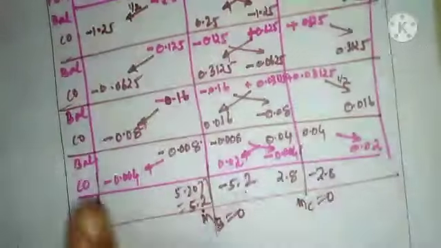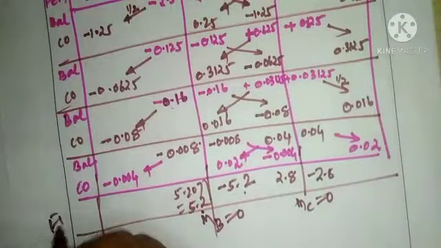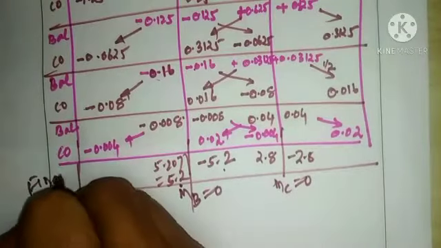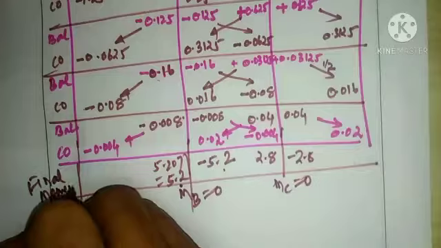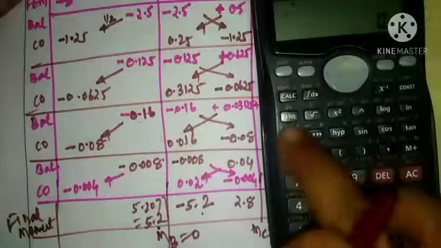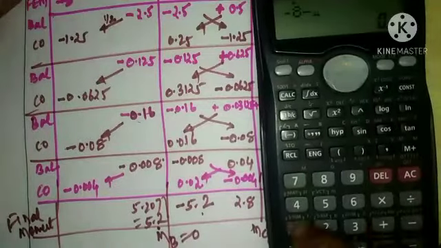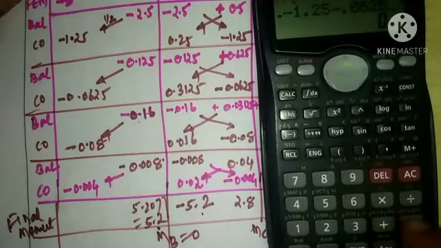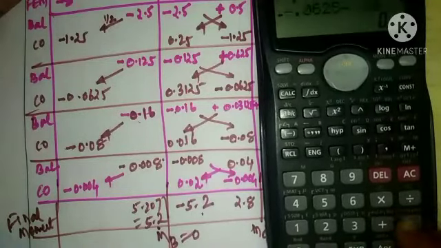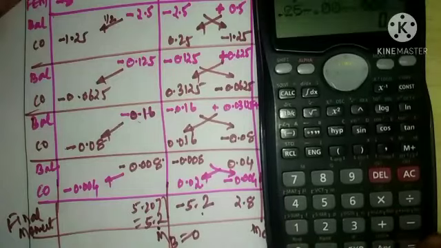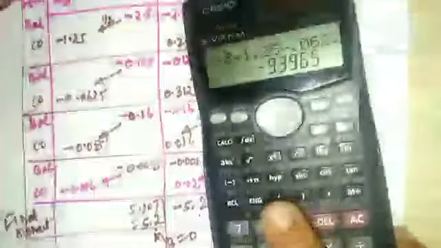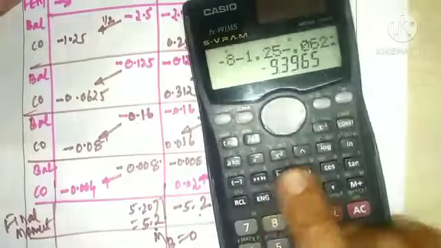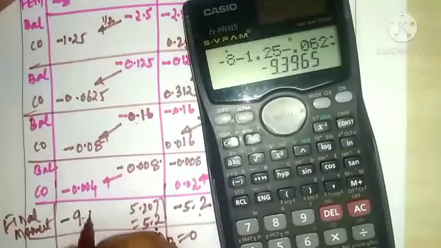So the simply supported condition for B and C is balanced. Next we will verify these particular values. Now this particular row I shall call the final moment. Now if we add all this, minus 8 minus 1.25 minus 0.0625 minus 0.08 minus 0.004, the total value shall come as minus 9.39, which is nothing but minus 9.4.